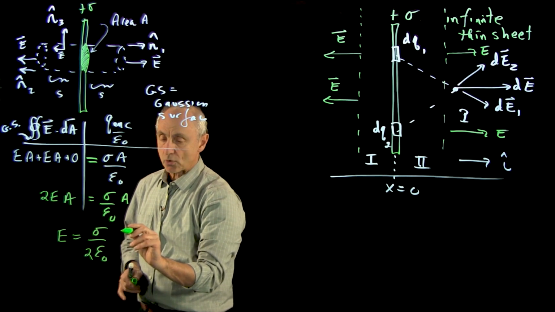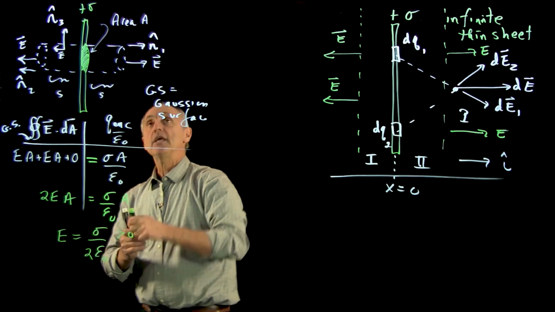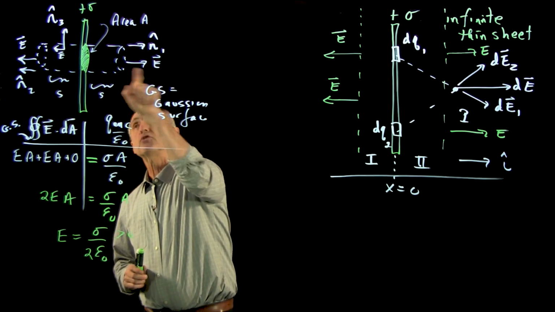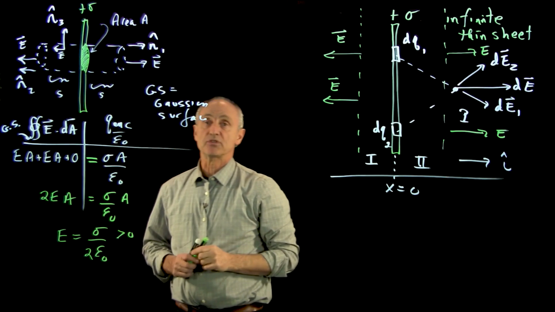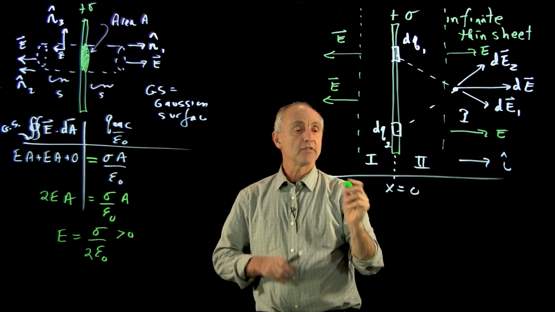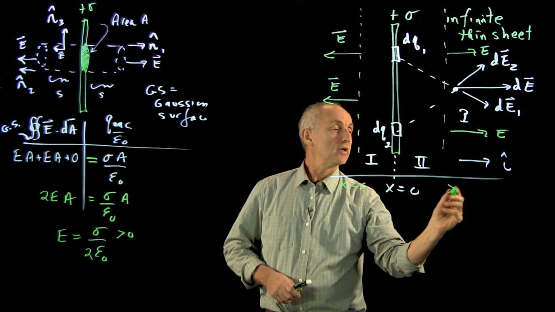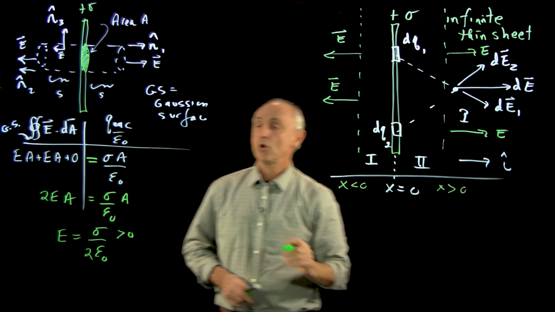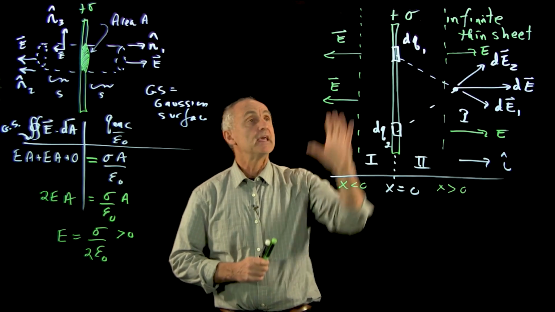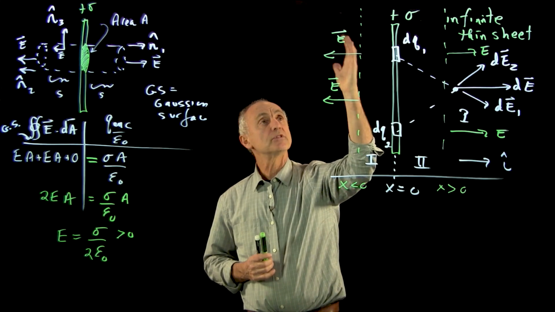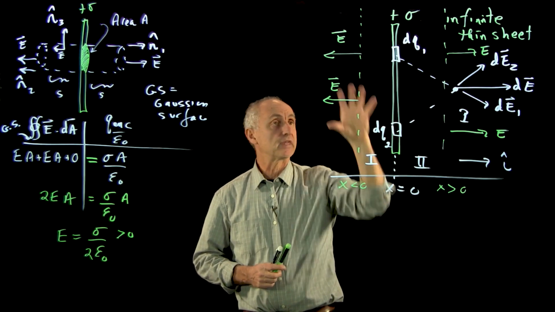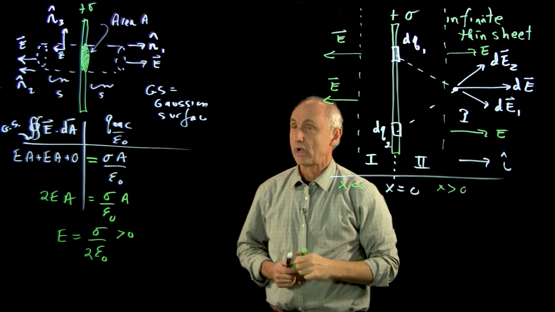Now, because this quantity was positive, it agreed with the way we chose our arrows. But notice that the direction of the E field is in opposite directions. In our regions 1 and 2, on this side x was negative, and on this side x was positive. We now want to express the fact that an electric field, think of it as an arrow in space at every point in space, needs different descriptions for the arrows on the left side compared to the right side.